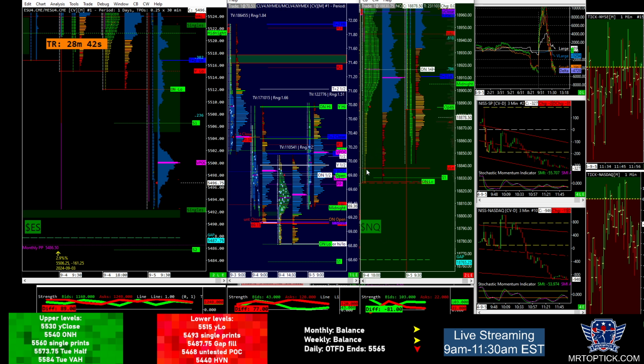Same here, we have excess, very thin volume. So when you see that this starts becoming thicker and more volume gets traded here, then I have confirmation that, okay, well, traders want to trade lower, and now we can look for shorts.